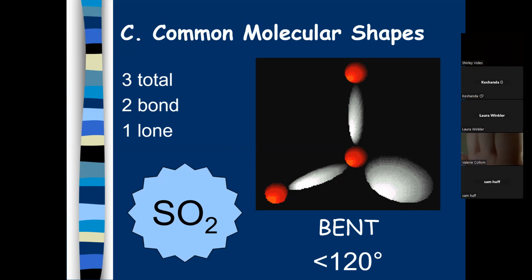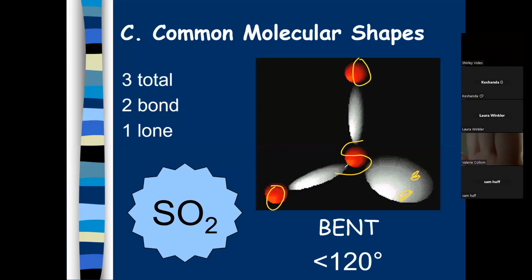Okay, so why SO2? That sounds weird. But let me show you what happens. So sulfur is right there. Then you got 2 oxygens. And this right here is your lone pair. So now you have 3 areas of electron density.